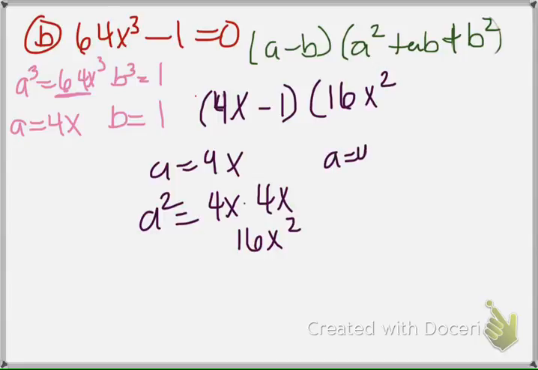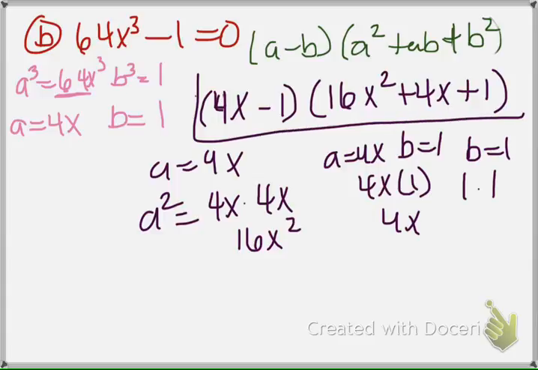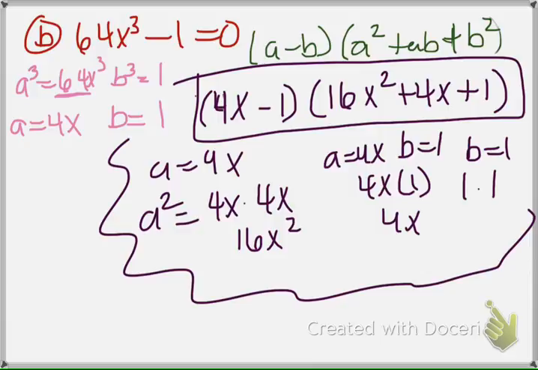If A is 4x and B is 1, what's 4x times 1? 4x is correct, so that's my middle term. If B is 1, what's 1 times 1? Plus 1. So this here is your answer. Yes, you have to do this kind of work, but it's not like, oh my god, I've never multiplied a 4x times a 4x. I have no idea what you're talking about.